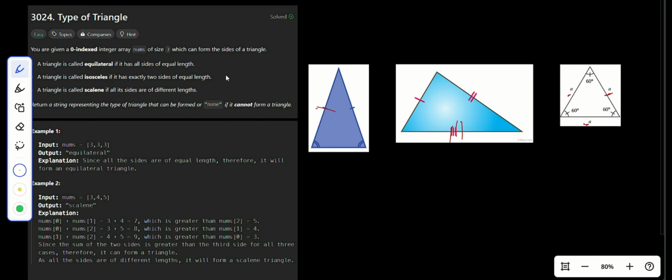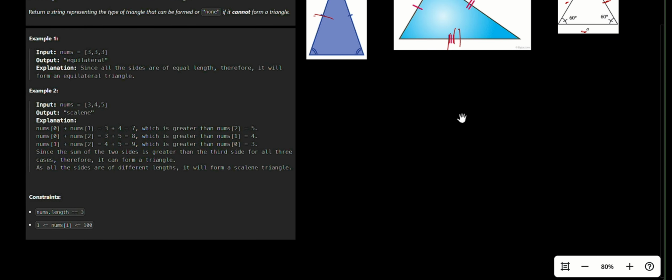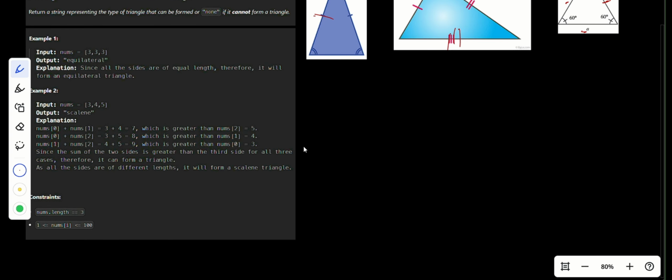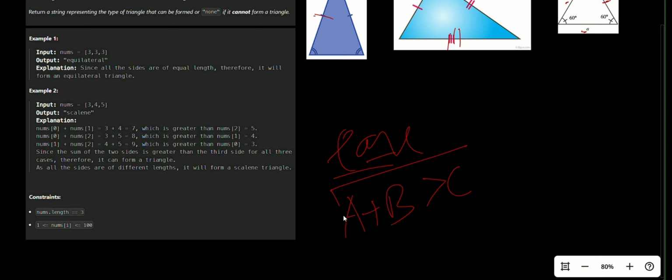But here the none case is very important, where you have to define which case we have to consider as an invalid case. For that, a very well-known property of a triangle is that the sum of any two sides is always greater than the third side.